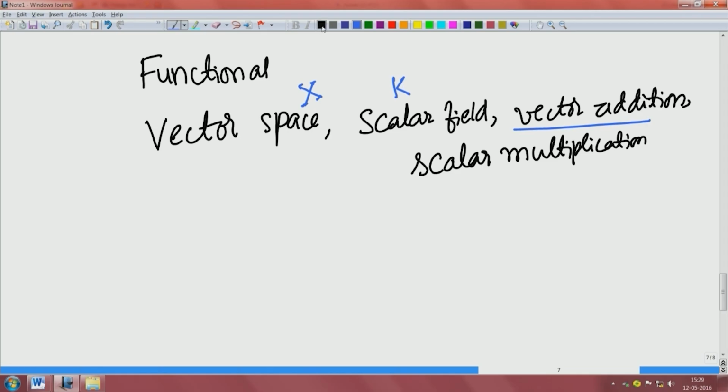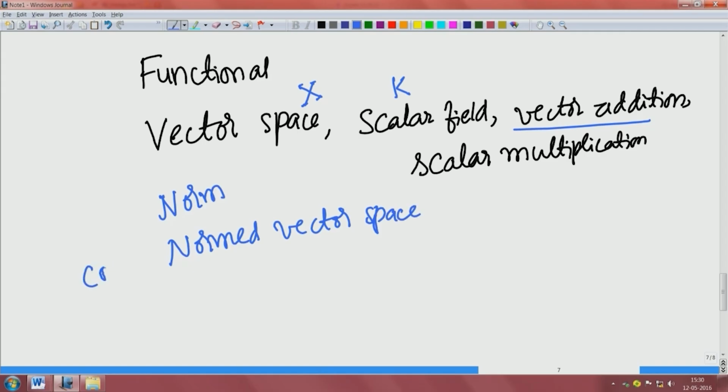So, we discussed this vector space, and then we talked about norm, and then we said a complete normed vector space is called a Banach space. So in that sense all the converging sequences should belong to that space, that is our Banach space.